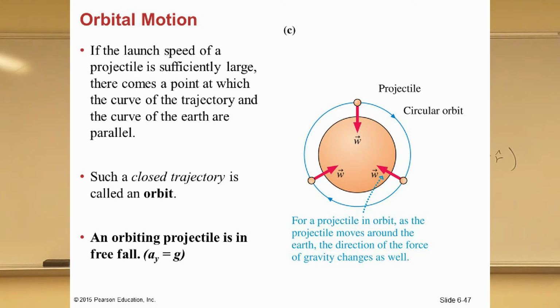So in slide 647, we imagine launching the projectile, and when that speed is sufficiently large, the acceleration the object experiences is exactly what it needs to produce this centripetal acceleration. All right, so if you look at this picture here, all around the circular motion, gravity points inward. That's exactly what's required to keep it in uniform circular motion.